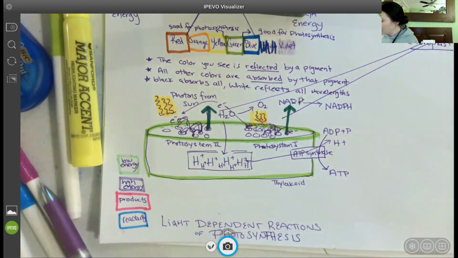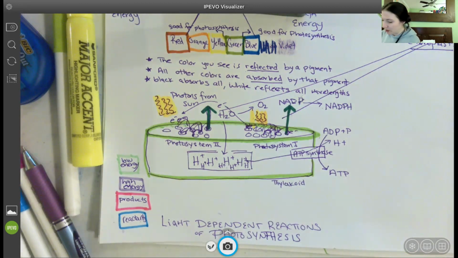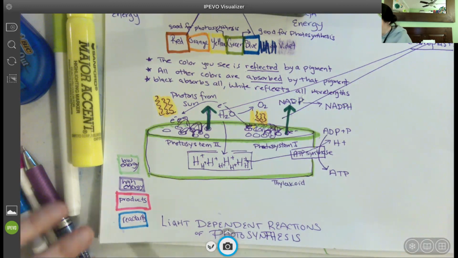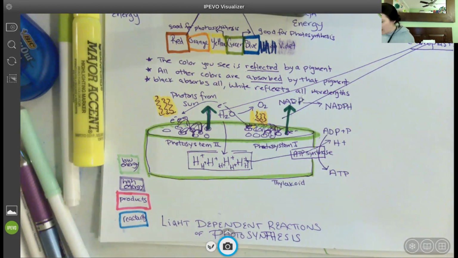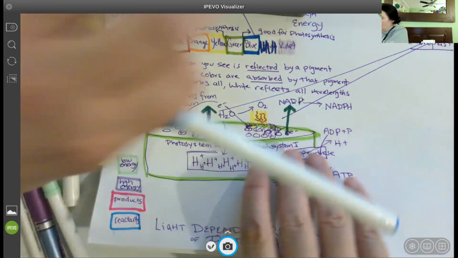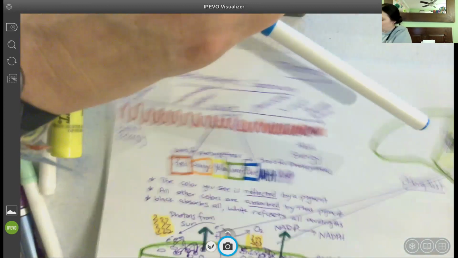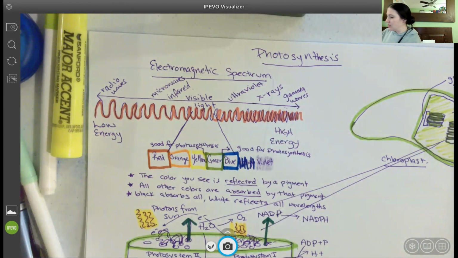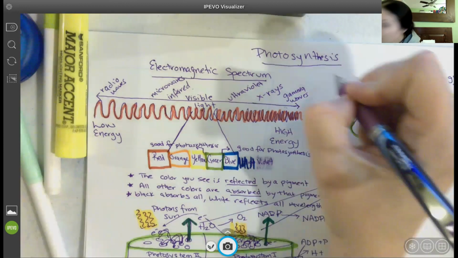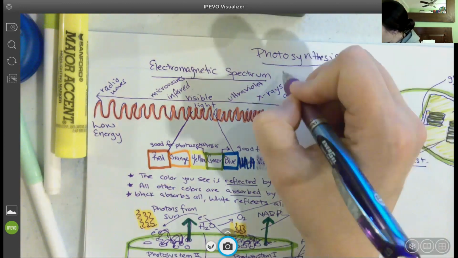So let's use our markers to label our stuff. Reactants for the product. So remember that our photosynthesis reaction is, you can see that, right? Yep.